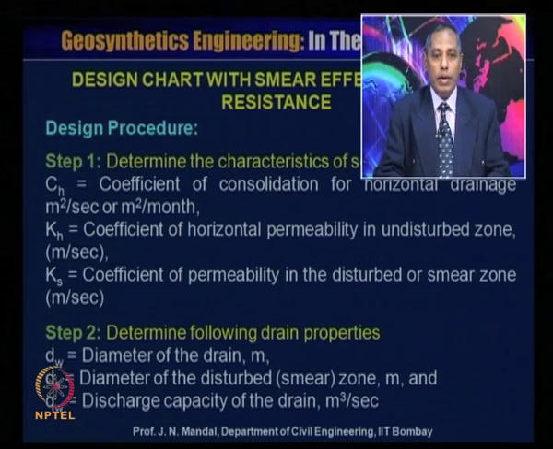Step 2, determine the following drain properties: dw, the diameter of the drain in meter; ds, the diameter of the disturbed or smear zone in meter; and qw, the discharge capacity of the drain, in meter cube per second.